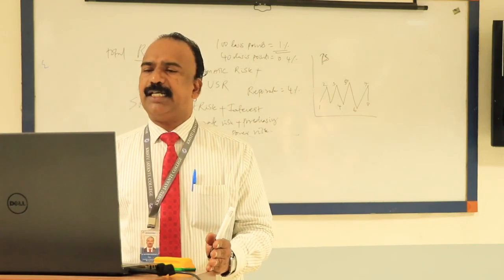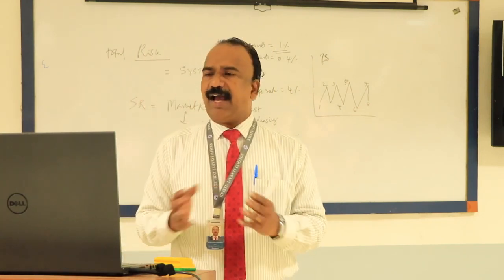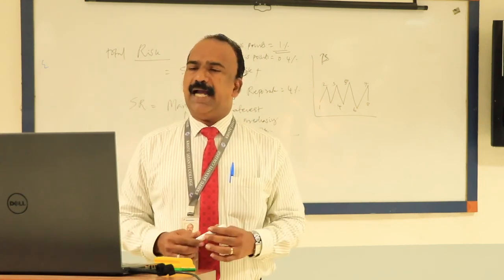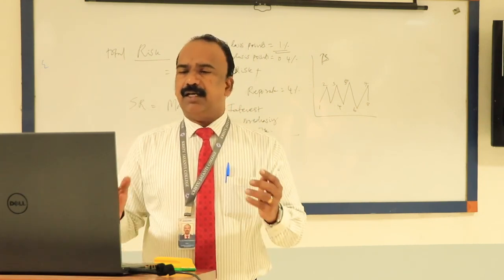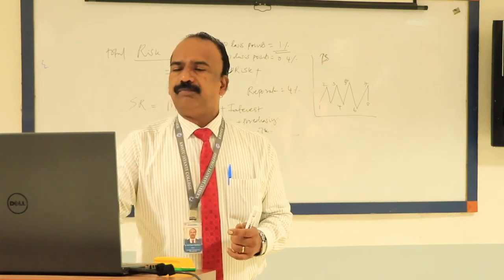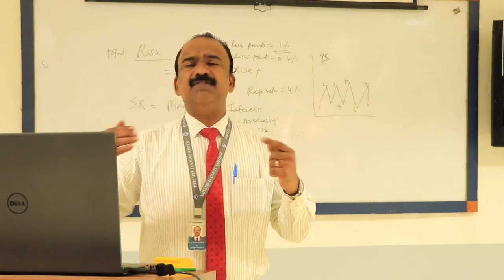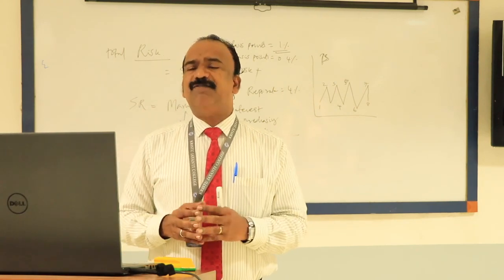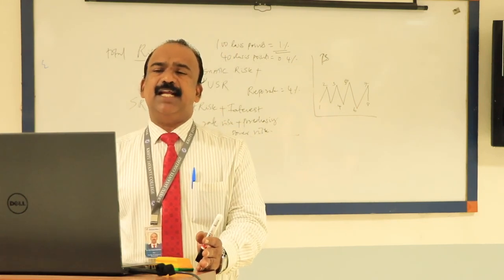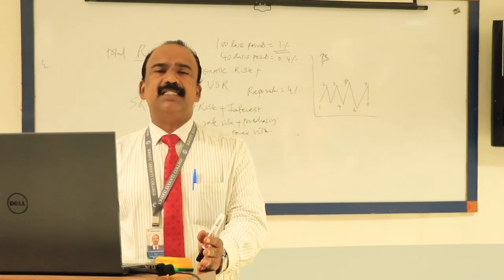The return from a security may sometimes vary because of certain factors affecting only a particular company. That is called unsystematic risk. This is broadly classified into two categories: business risk and financial risk. What are the factors contributing to business risk and financial risk? Raw material scarcity.